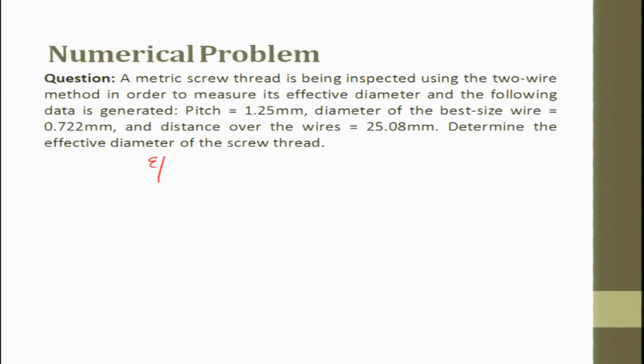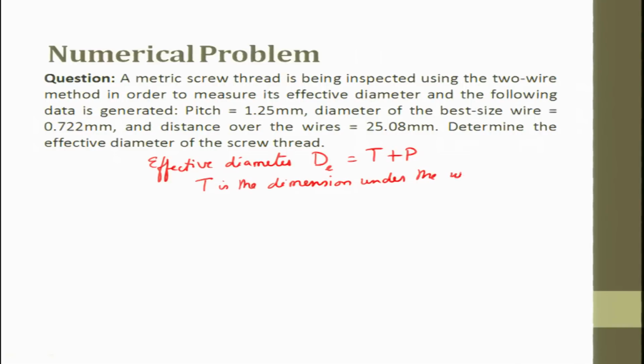Effective diameter is nothing but dE equal to T plus P, where T is the dimension under the wire and P is the correction factor.